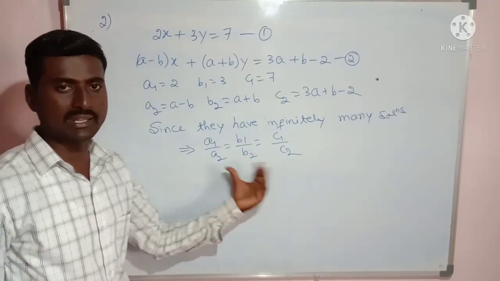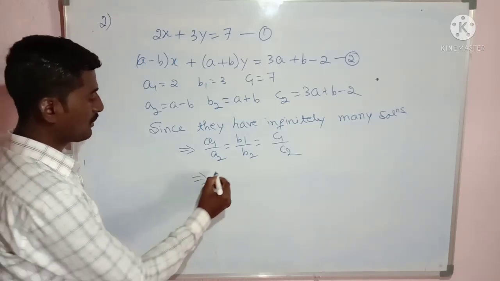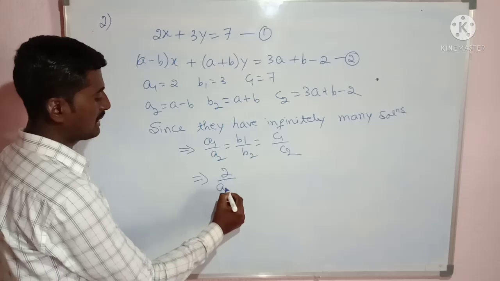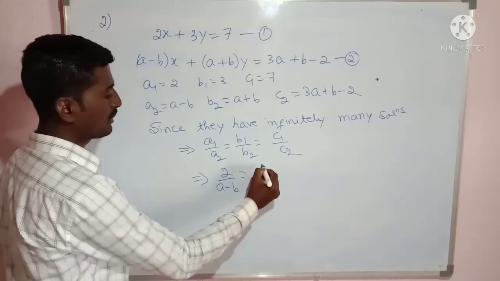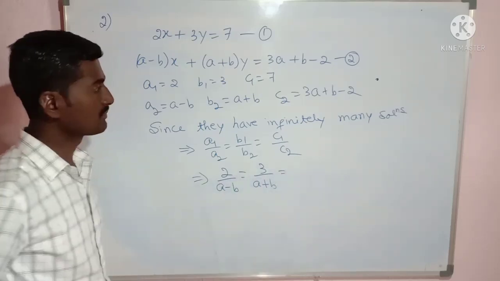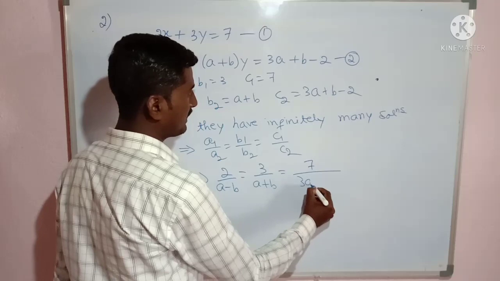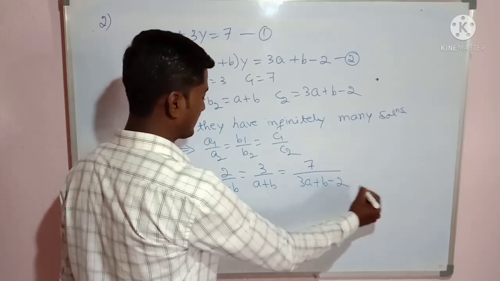This condition I can take. Now let us substitute the values. a1 value as 2 divided by a minus b, b1, 3 divided by a plus b, and c1, that is 7 divided by 3a plus b minus 2.